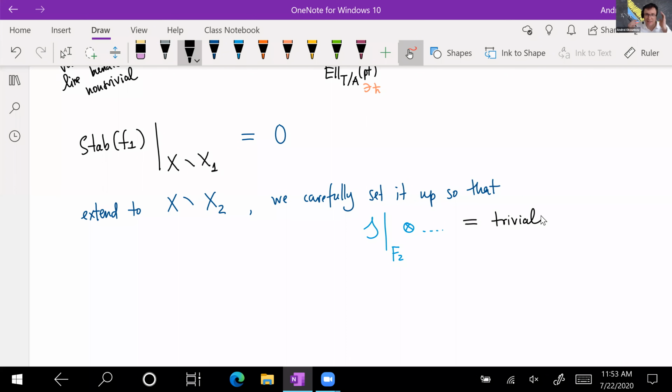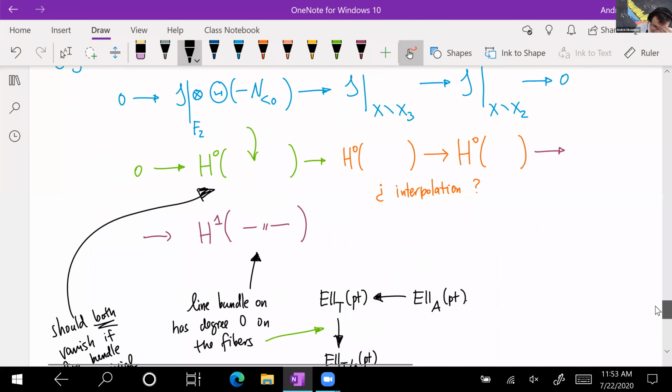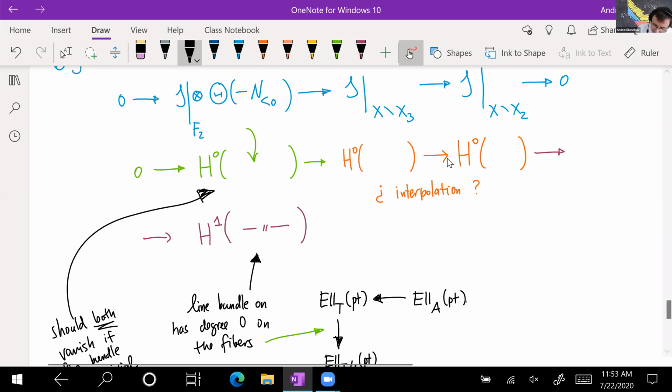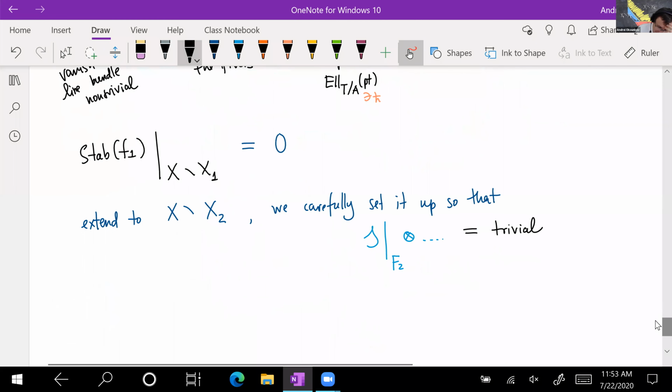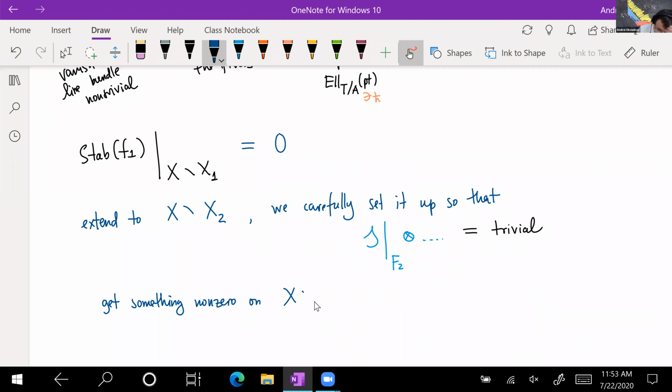In that sense there is some section here, and it is that section that we're going to pick up. So then we get something on x minus x2. It better be nonzero, otherwise, if with so much pain we constructed the 0 class, that's not so interesting.